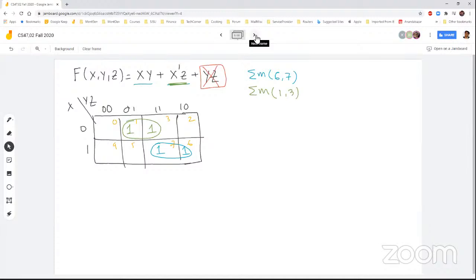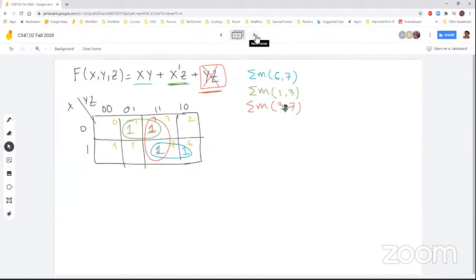Now, which group gives you yz? yz means x is varying and yz is constant at 1. So that means it's practically this group, which is m 3, 7.